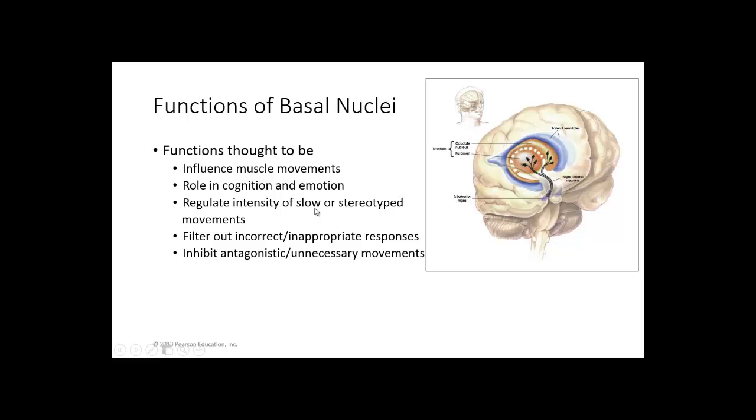And again, sometimes we have information that is not appropriate to the circumstance that is initiated within the motor cortex, and the basal nuclei filters that information out. So people with Parkinson's disease have damage to the basal nuclei, and it's specifically this part of the basal nuclei, which is the substantia nigra.